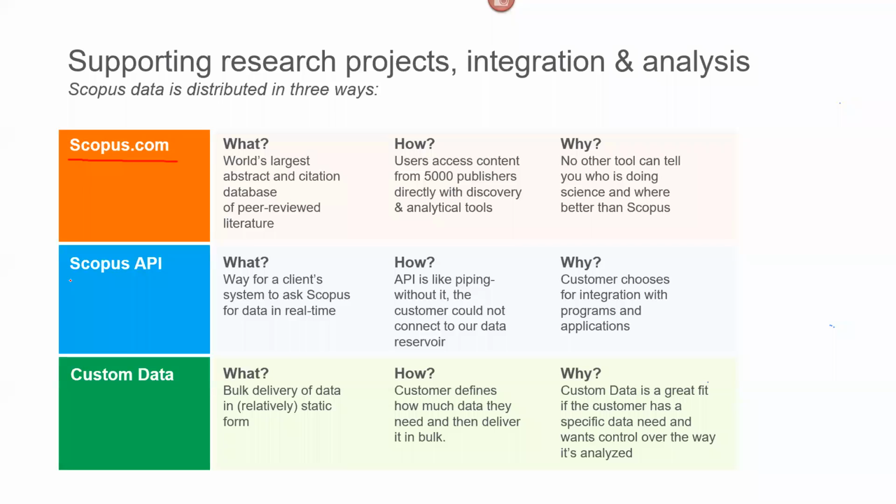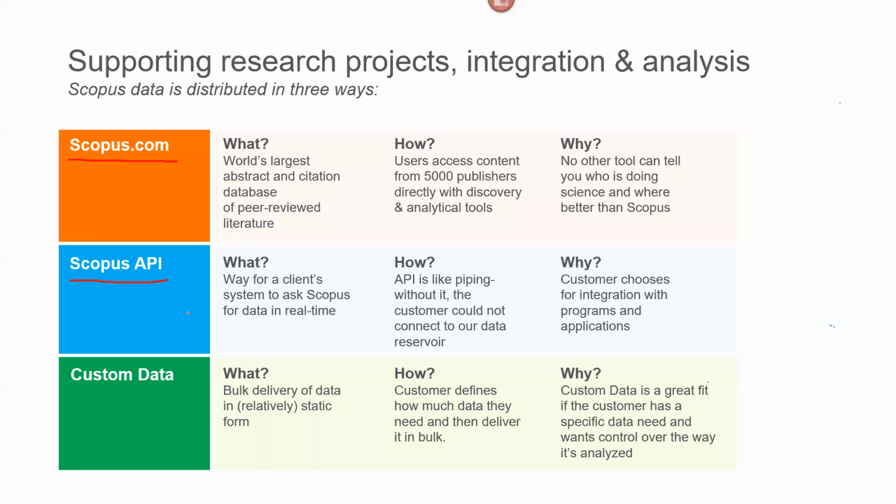The second way, which is also important and maybe not many people know about it, is the Scopus API, which allows you to connect to Scopus from another system and get almost the same search results or services you get from the graphical interface. You can do this through the APIs, and it's part of your subscription.